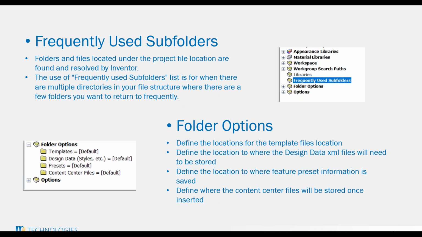The design data functions the same way. There will be a C colon backslash, and it'll give you a path to the design data folder. Again, these are XML files. If you had multiple customers that wanted things differently on their drawings, then there's probably a good chance you may need to create two separate design data folders.